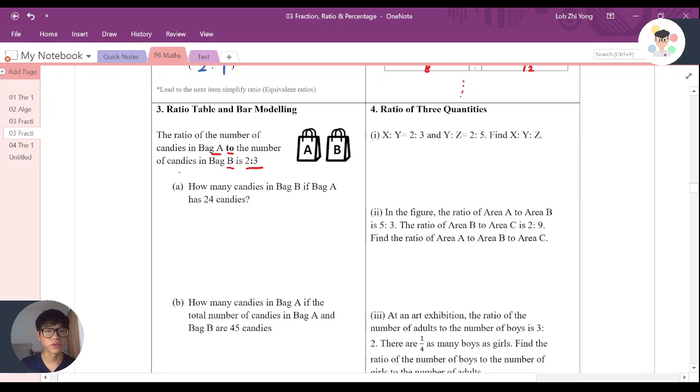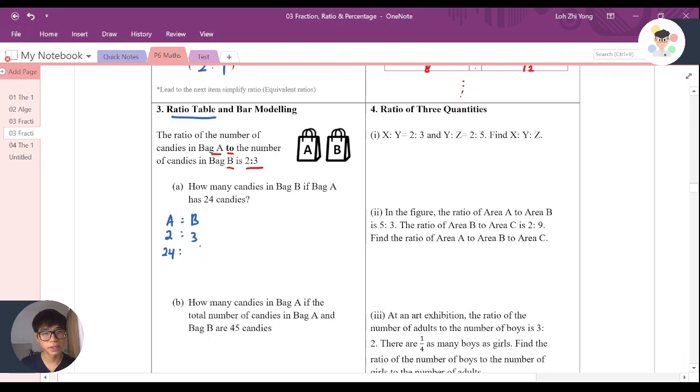Now, let's arrange the information. We have A, we have B. Now we are using the ratio table first. A is 2, B is 3. So now the question says how many candies in bag B if bag A has 24. Now they're saying that here is actually 24.